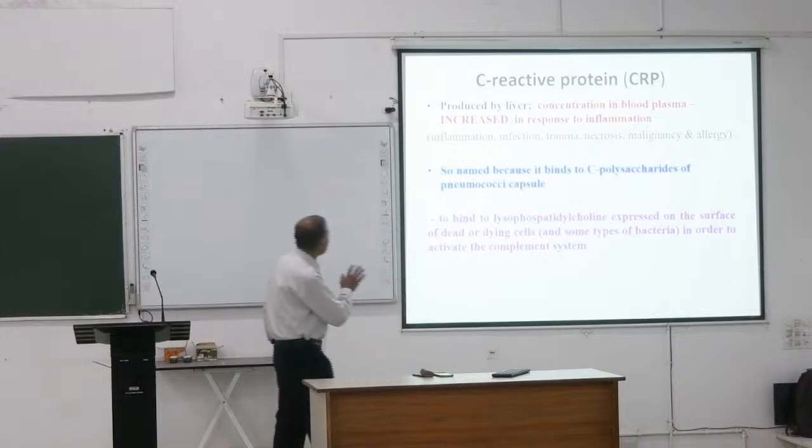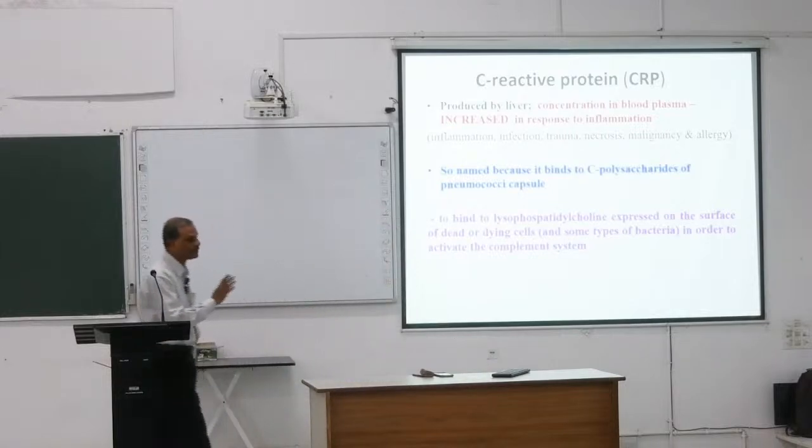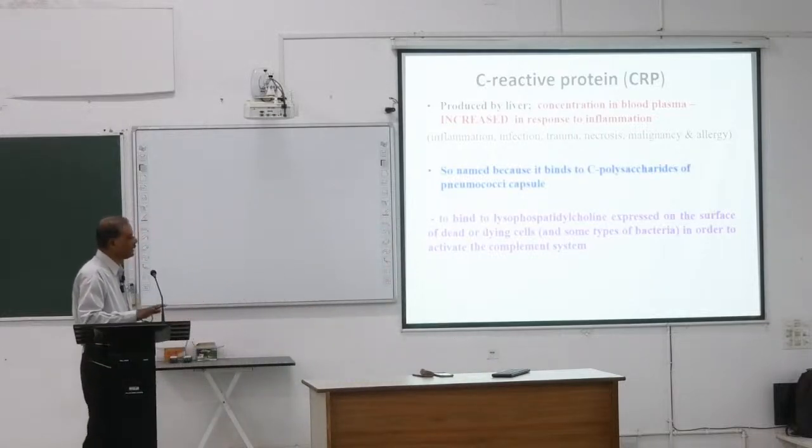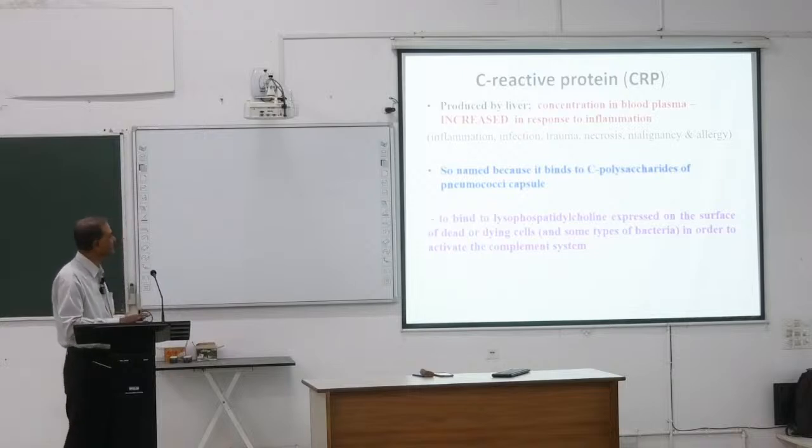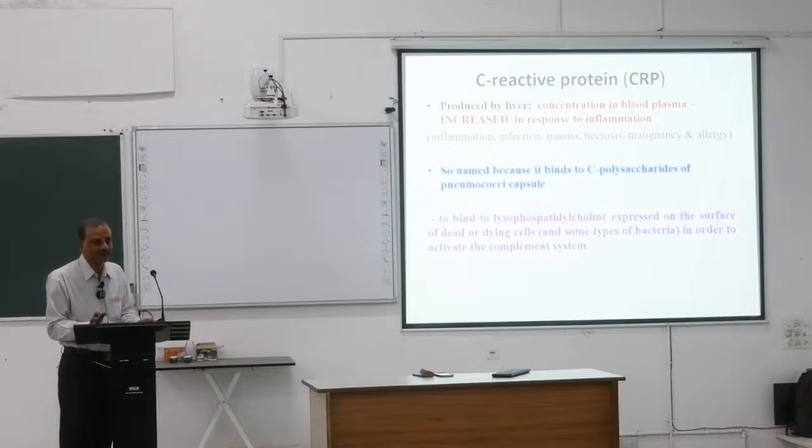C-reactive protein is produced by the liver. Its concentration is increased in plasma in response to inflammation. Inflammation can be caused by an immunological reaction, or even by a physical injury. Other causes of inflammation are infection, trauma, necrosis, malignancy, and allergy.